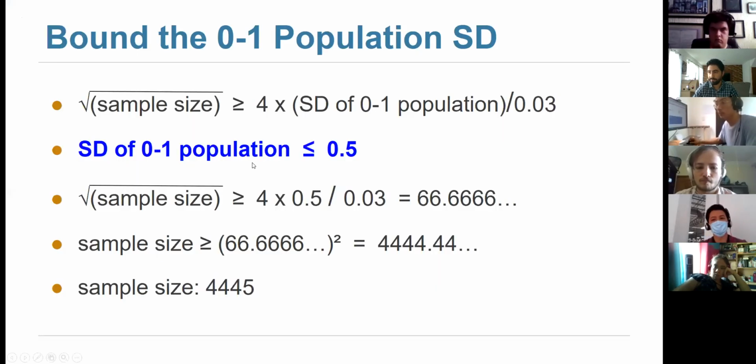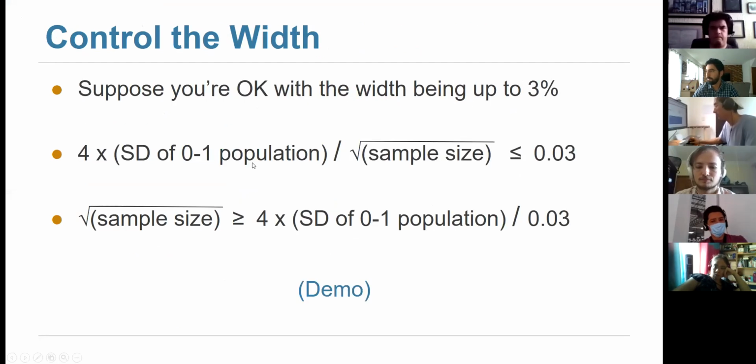So in that example, we are saying we want our width to be 3%. So this is what we want to satisfy in our calculation. We want to satisfy this. So this is equal to this, right? I mean, this is basic math. From this, I can get this.